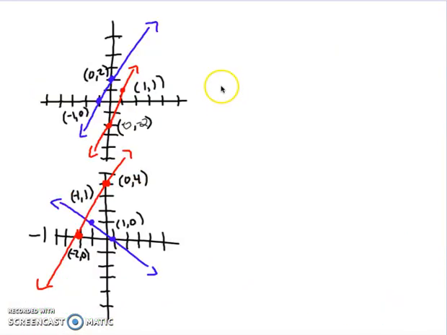Other things to look at in order to find slopes are graphs. So when you have a graph and you are trying to identify slope, you could count your rise over run. So this blue graph here, I can create a little staircase from this point to this point.